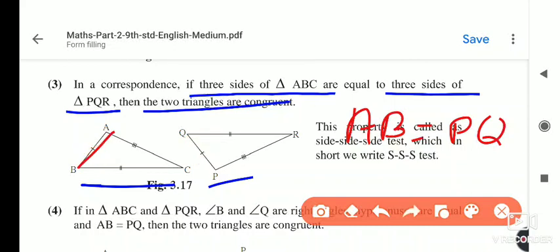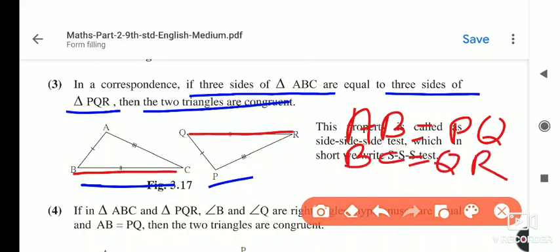BC is equal to QR, and AC, three lines shown, is equal to PR.